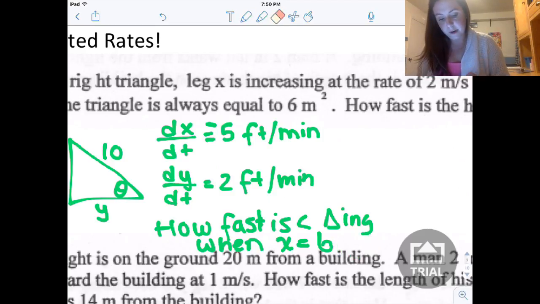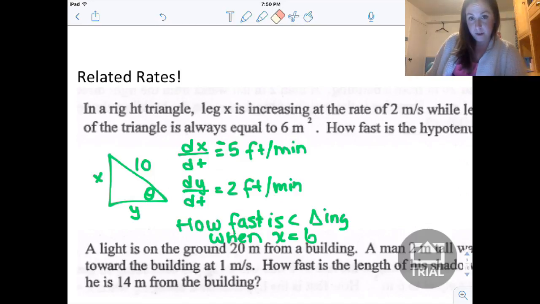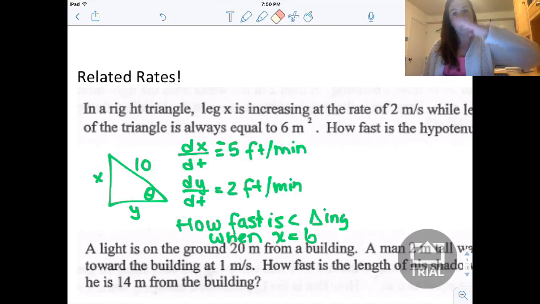Okay, so there's my scenario. I'll recap it again. We are a ladder, we are falling down a building at 5 feet per minute. So it's falling down. That has a negative rate because it's decreasing in length. We are moving the bottom of the ladder out at 2 feet per minute. And I know that I want to know how fast the angle is changing when x is 6.